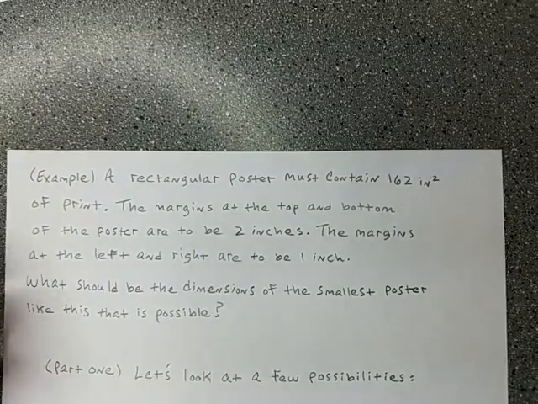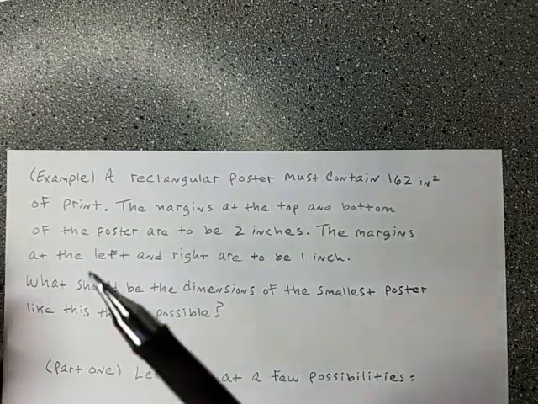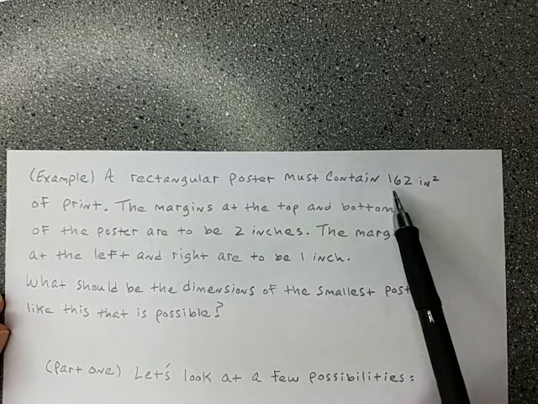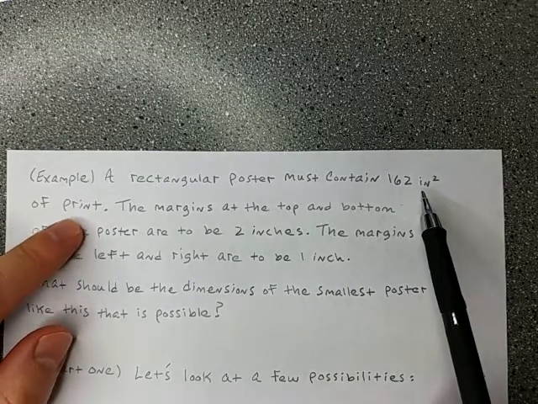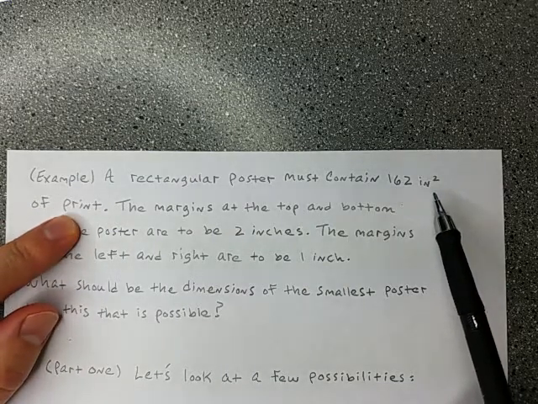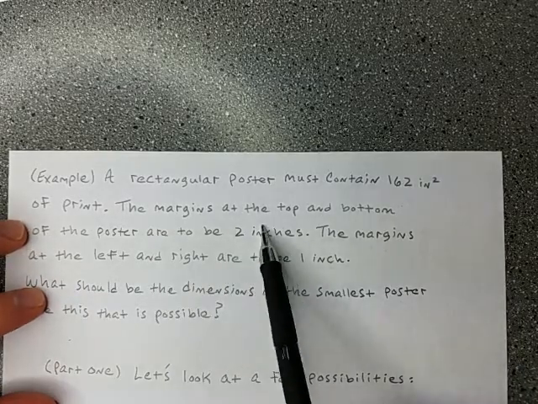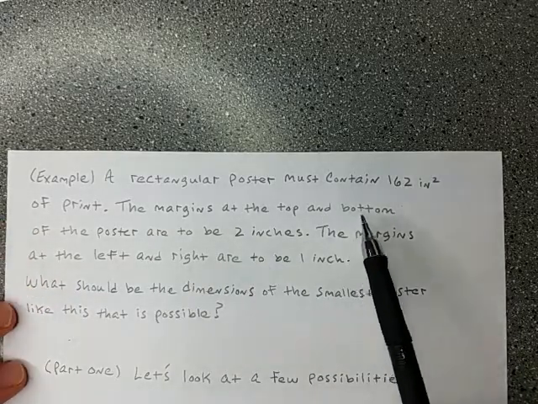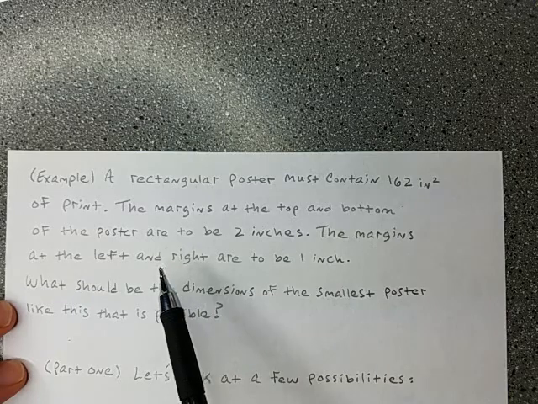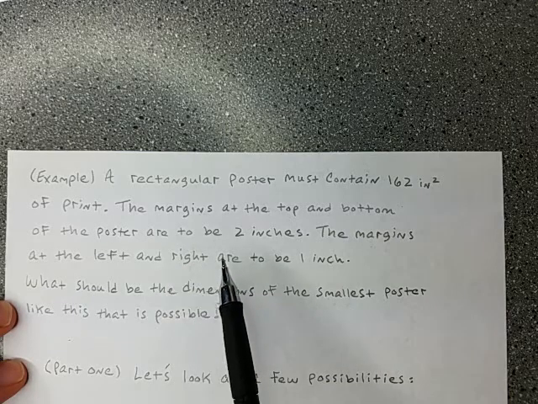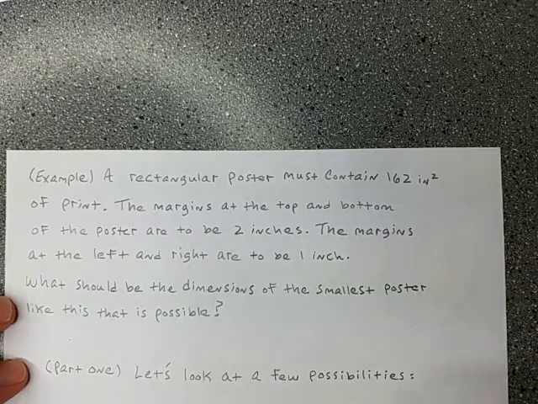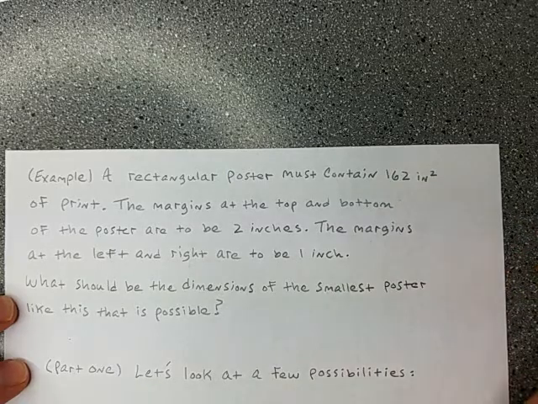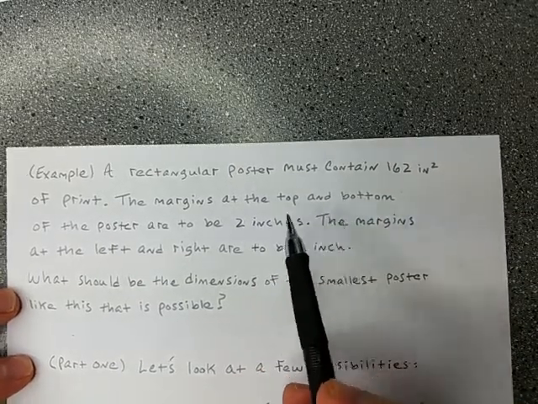Okay, so here goes. It says a rectangular poster must contain 162 square inches of printed space on it. There are margins at the top and bottom. Oh gosh, I'm sorry, I'm having an off day.